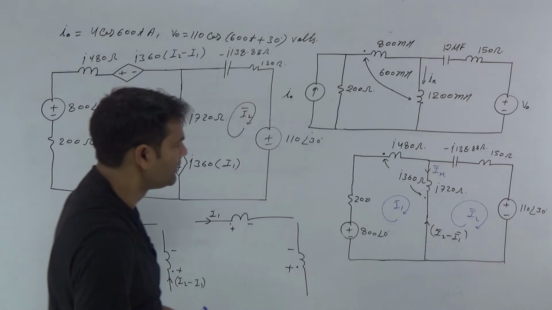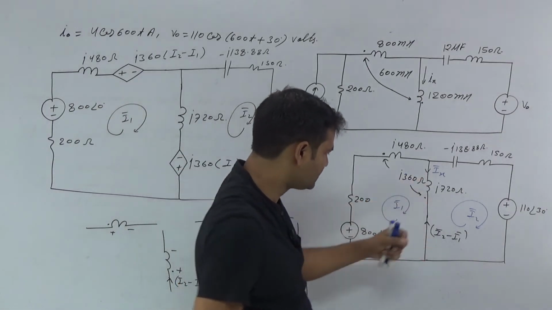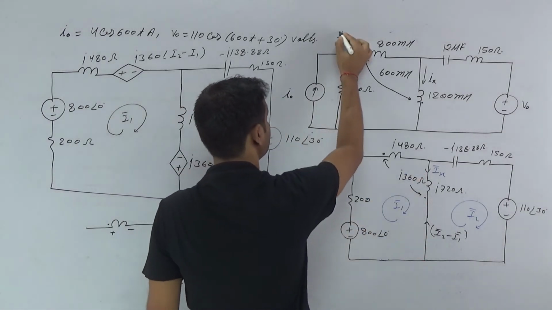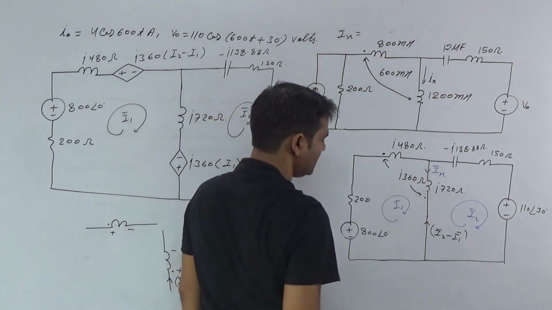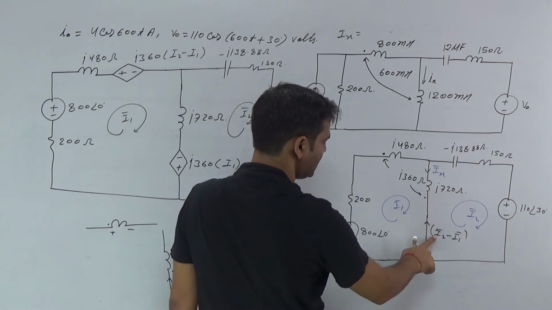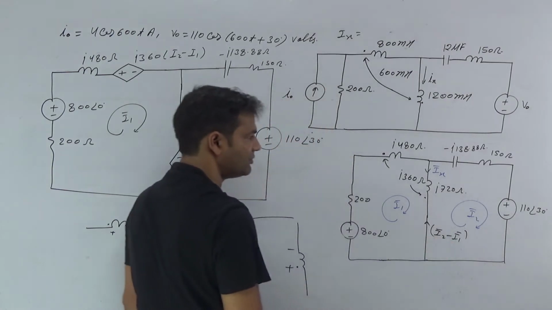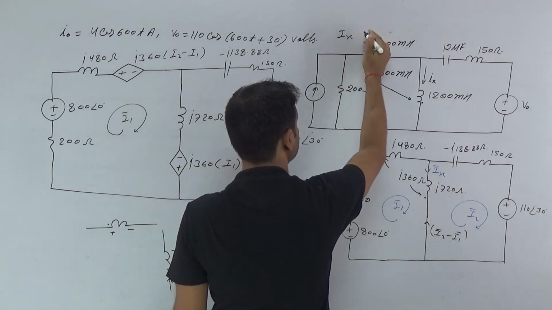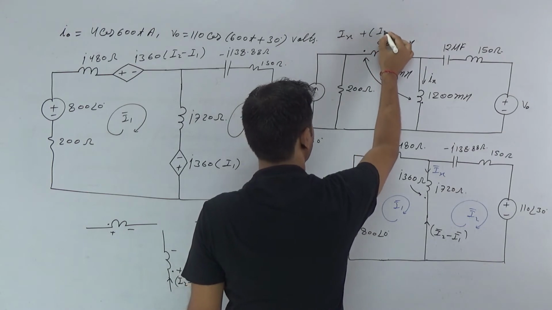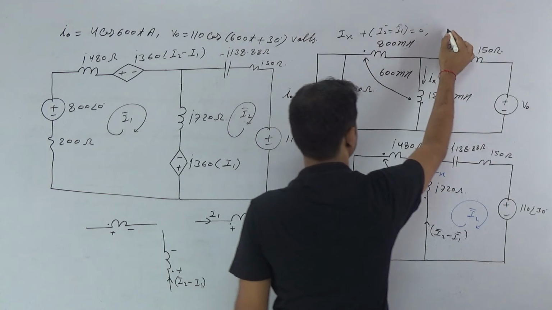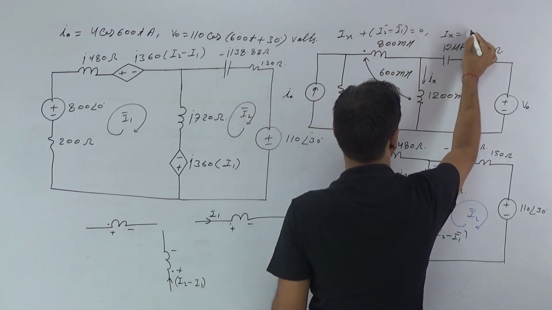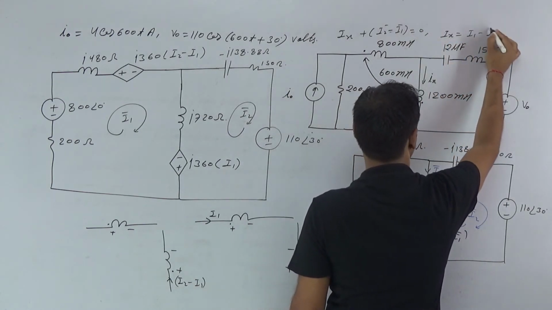Okay, what about Ix? You can say that Ix plus I2 minus I1 will be equal to 0. So you can say that Ix is basically I1 minus I2. Clear?